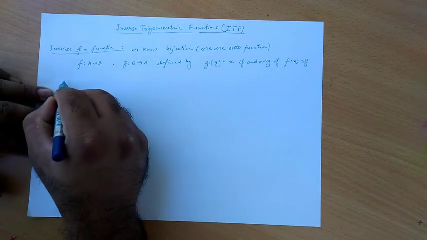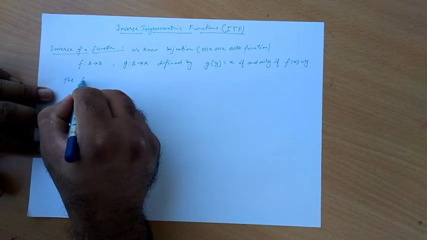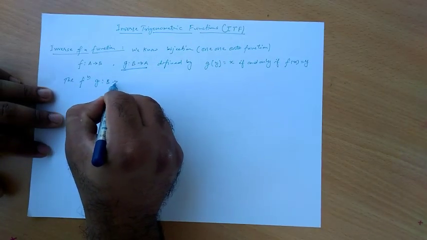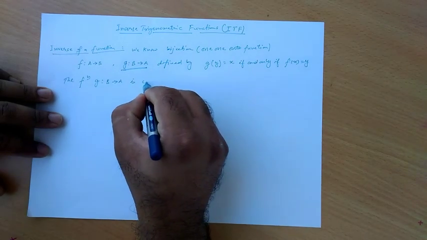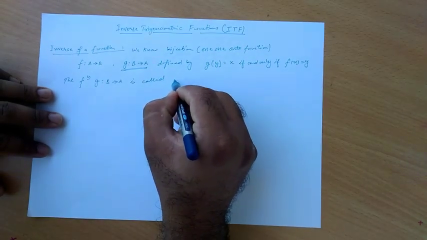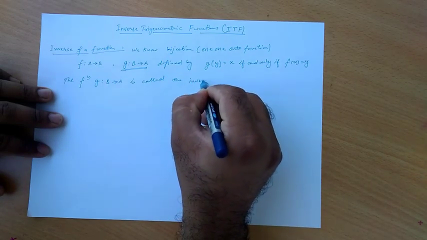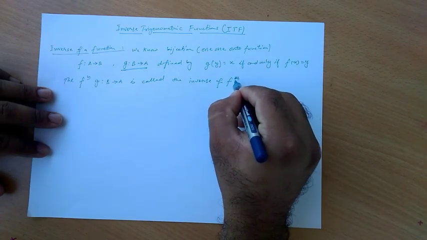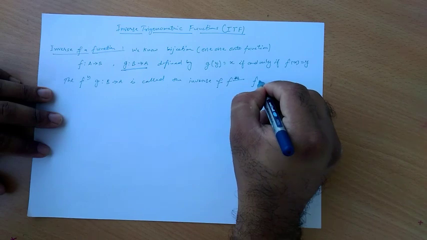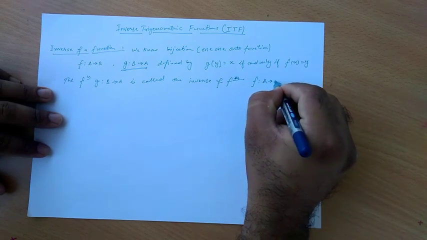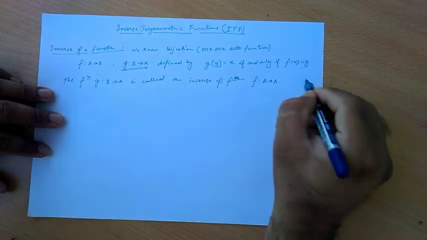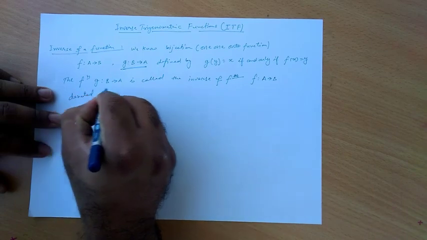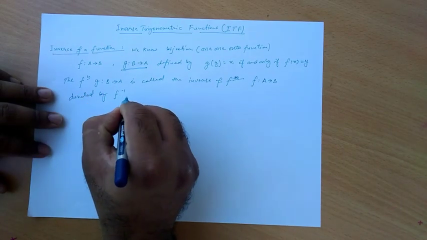The function, this one, g from B to A, is called the inverse of the function f from A to B, and also it is denoted by f inverse.